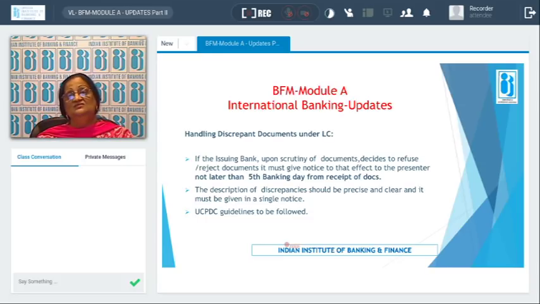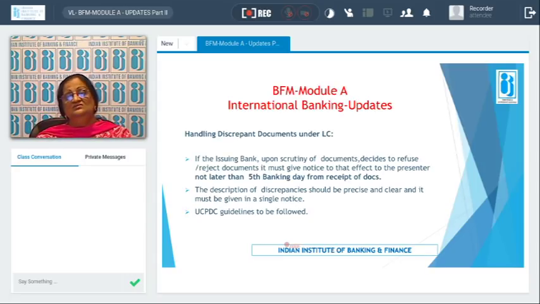If the bank fails to send a notice to the presenter before the 5th banking day from the receipt of documents, it will be construed as an acceptance, and the bank would have to pay the money against the document. So it has to be advised not later than the 5th banking day from receipt of documents. A banking day means a day on which a bank is regularly open.